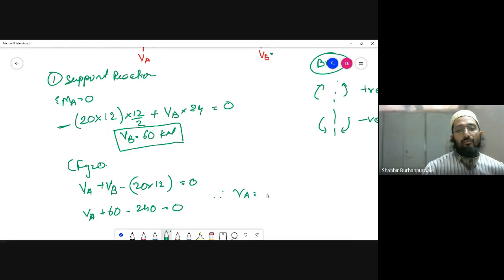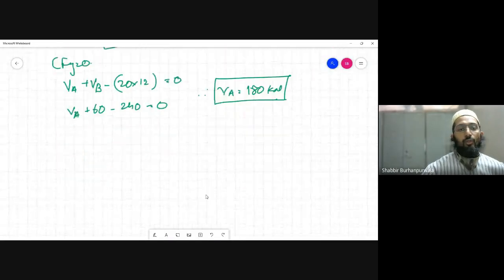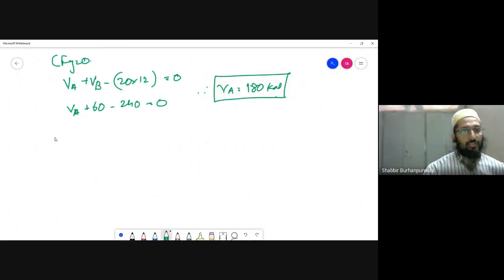Therefore, Va equals 180 kilonewton. Is everyone getting this same answer? Then to determine the value of horizontal thrust, what do we take? We take bending moment.